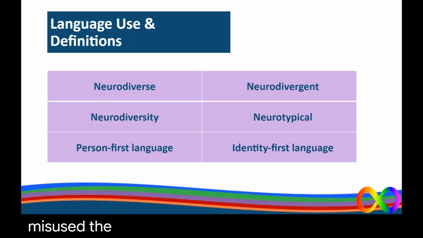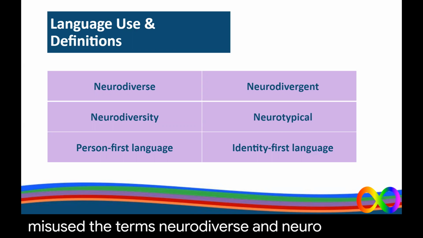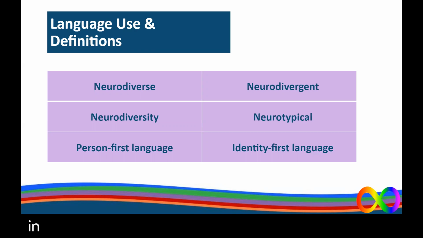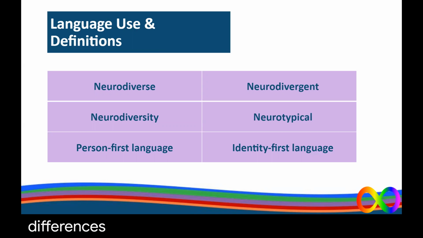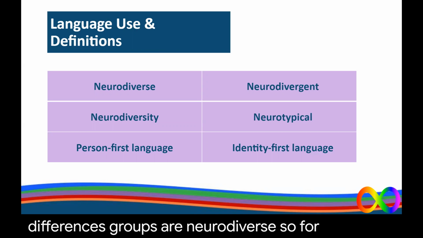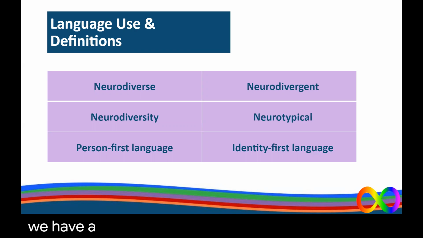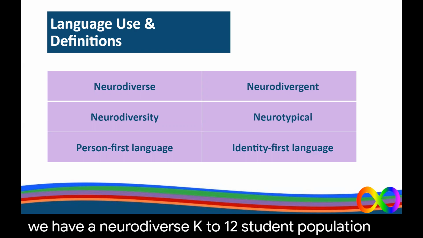The terms neurodiverse and neurodivergent in the top row here are not interchangeable and are often used incorrectly. So neurodiverse refers to a group in which members have a variety of brain differences. Groups are neurodiverse. So for example, we have a neurodiverse K-12 student population.